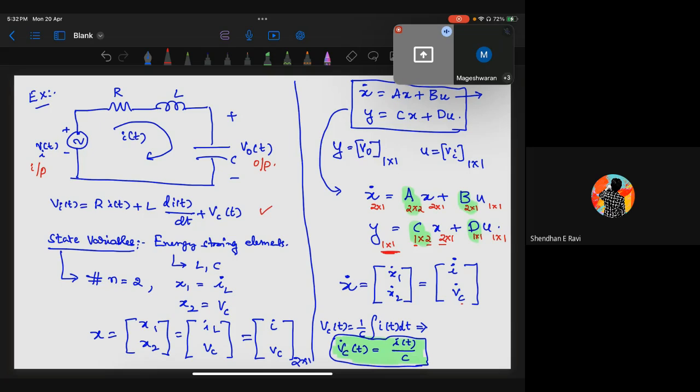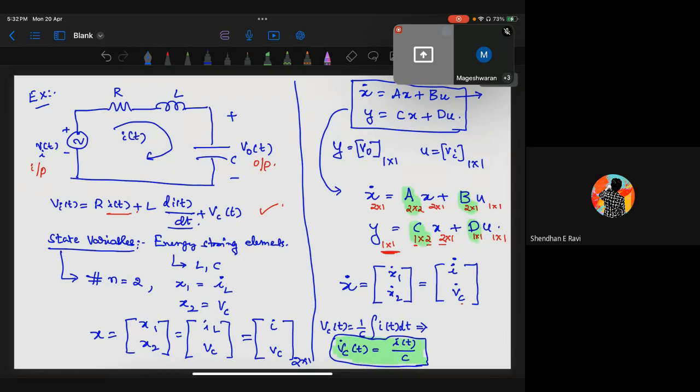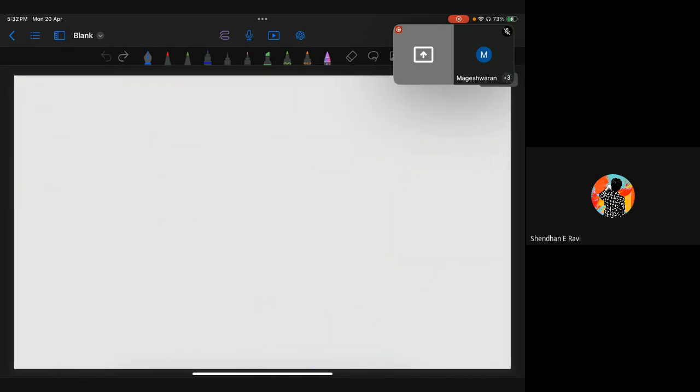So now considering this equation, I'll write the expression directly. Directly from there, we can write this term, di of t by dt, correct? That is nothing but di of t by dt, which is nothing but minus r by L i of t minus 1 by L Vc of t plus 1 by L Vi of t.